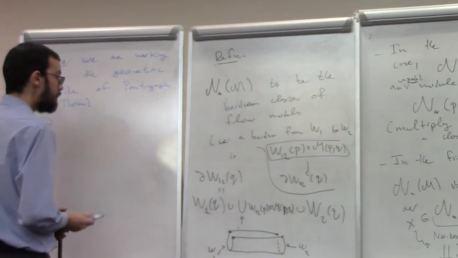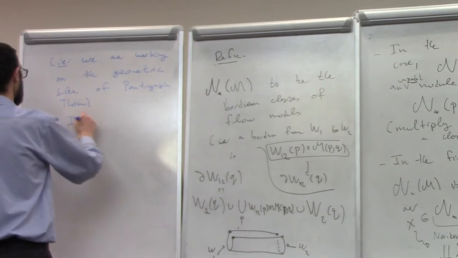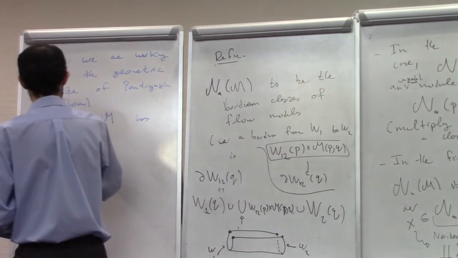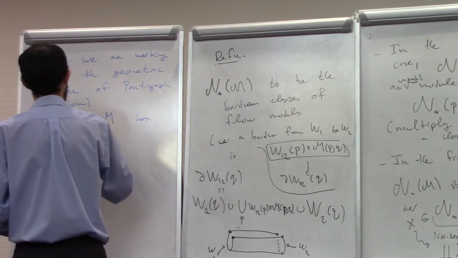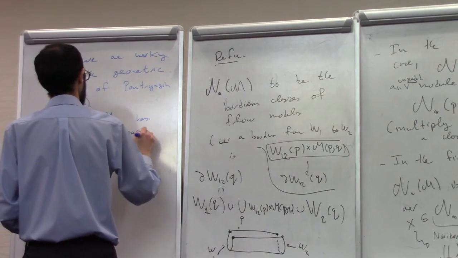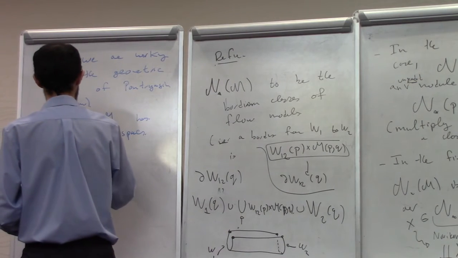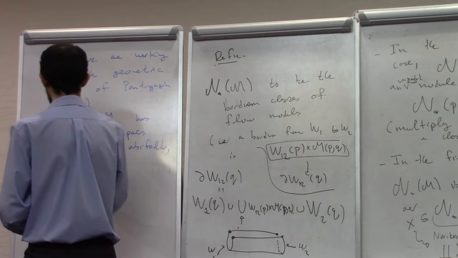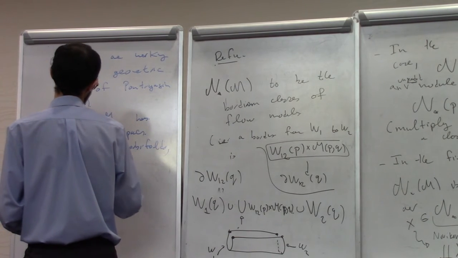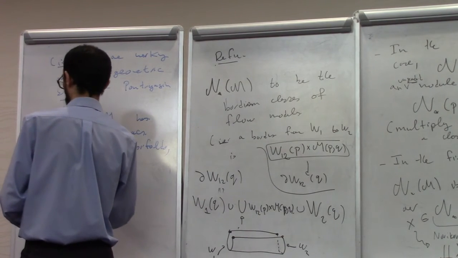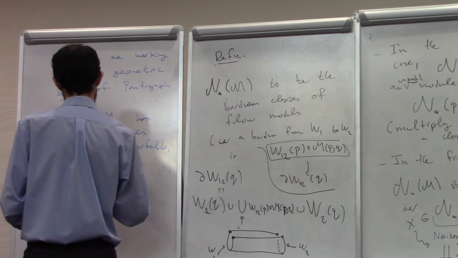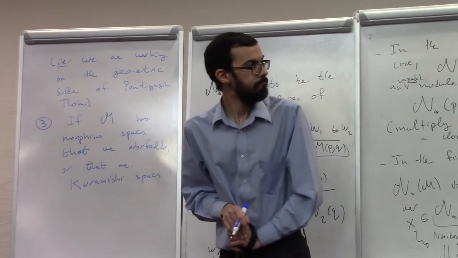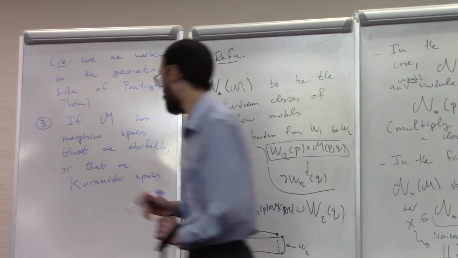So if instead we assume the category has morphism spaces that are orbifolds or that are, say, Kuranishi spaces, then you can just do the same thing.